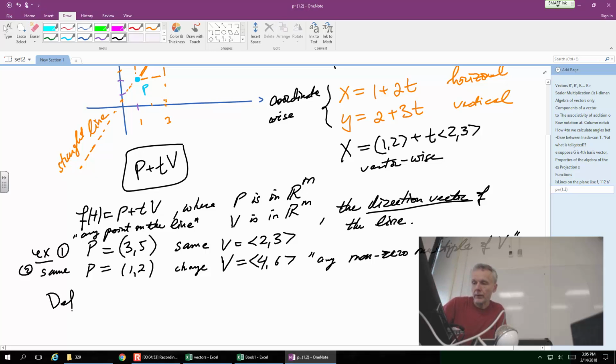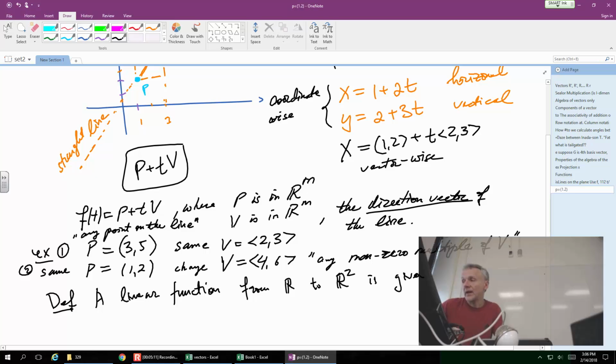Definition: a linear function from R2, f of t is equal to p plus tv, where p and v are vectors in R2.